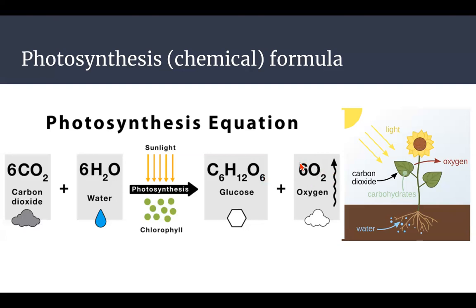Now, this on the top, we call it the chemical formula. If I ask for the word formula, then you'll be using the actual English words for it. Carbon dioxide plus water is going to produce glucose and oxygen. So don't mix up the terms. One's called a word equation, the one at the bottom, and one's called a chemical formula, which is on the top.